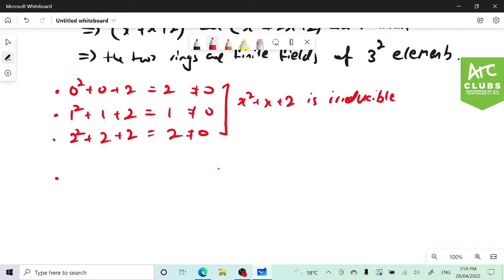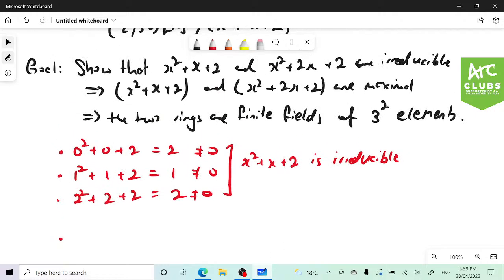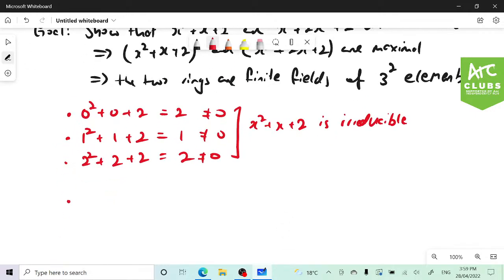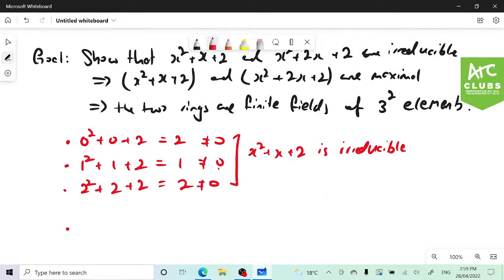The second thing is to show that x squared plus 2x plus 2 is also irreducible. We're going to do the same thing. 0 squared plus 0 plus 2 equals 2, which is not 0. 1 squared plus 2 plus 2 is 1 plus 2, which is 3, so that's 2, which is not 0.